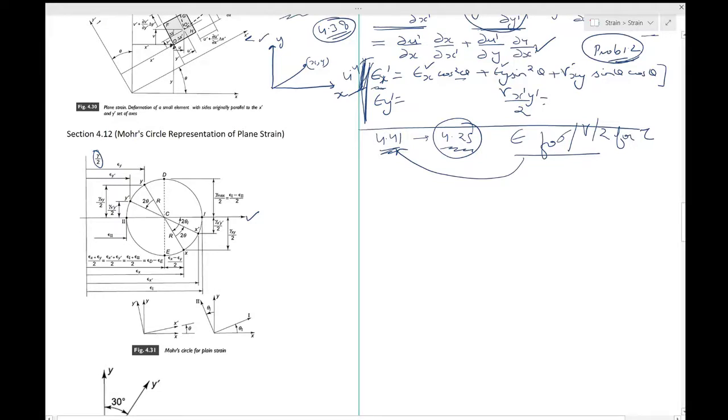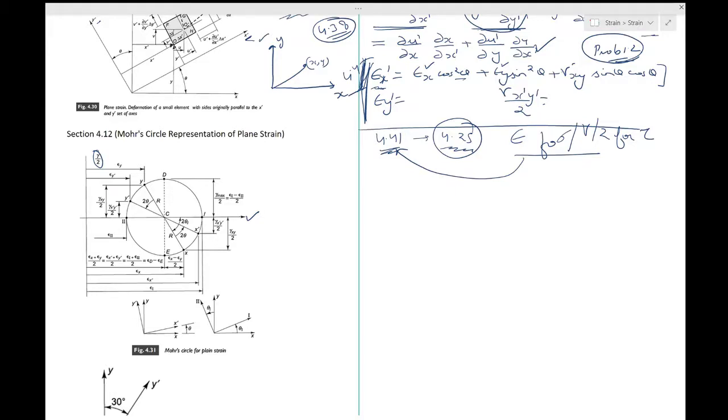Now if the shear strain is positive, the point representing the x-axis is plotted at distance gamma by 2 below the e-axis, and the point representing the y-axis at distance gamma by 2 above the e-axis.